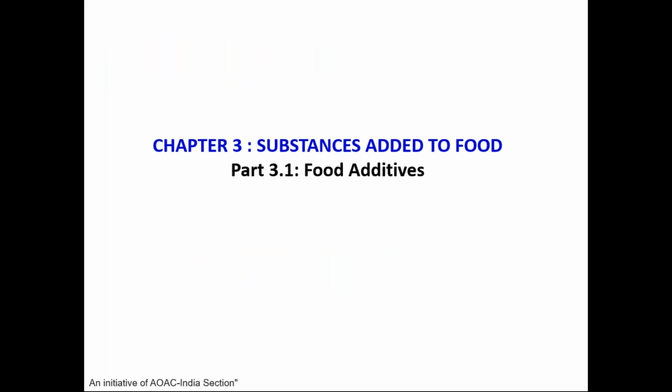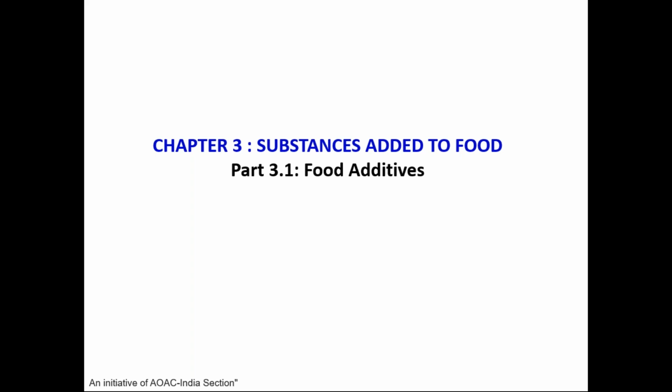As I said, there are standards from 2.1 to 2.16, so there are different standards for different food products. These are all food products which have been standardized. Now, under chapter 3 of this section, you have substances which are added to food.